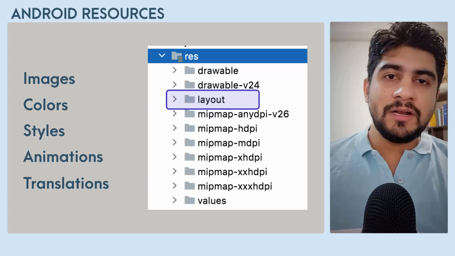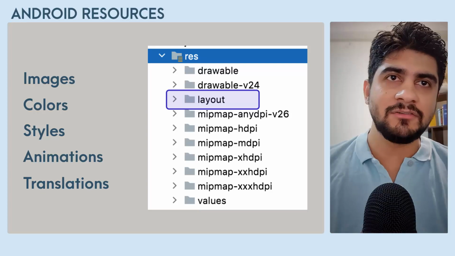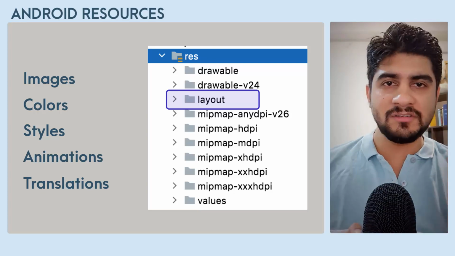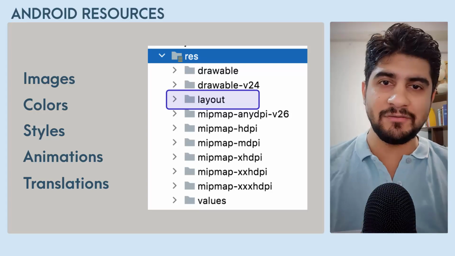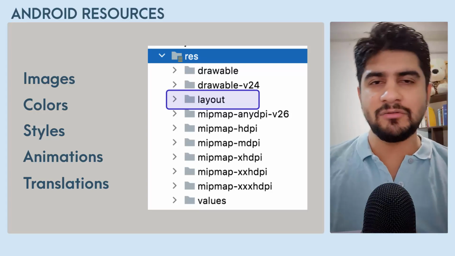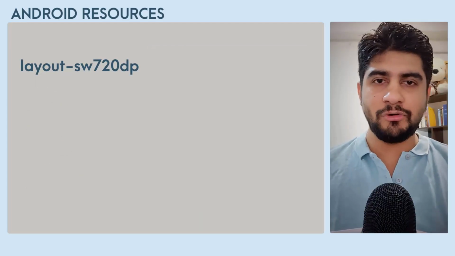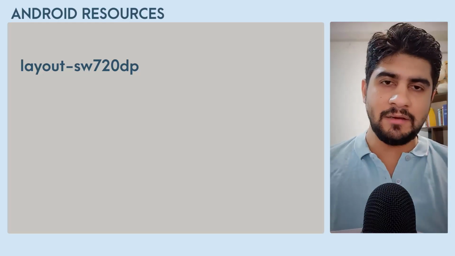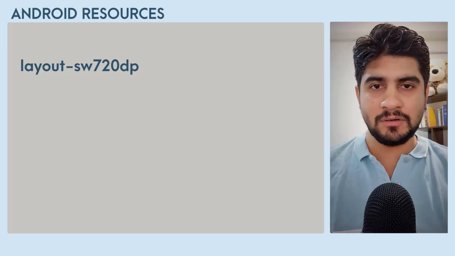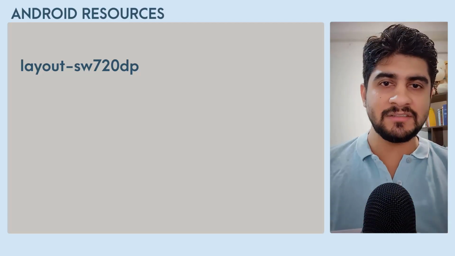Now in the layout folder also, you can see suffixes. You can actually add suffixes. So let's see some examples of what suffixes can be added to layout folders or any other resource that you see, like drawable, values, which we will talk about later. So for example, layout-sw720dp, which means that the files present in this folder will be used when the phone's smallest width is 720.